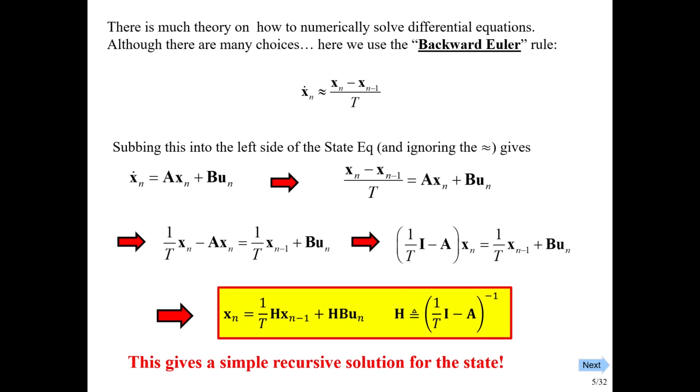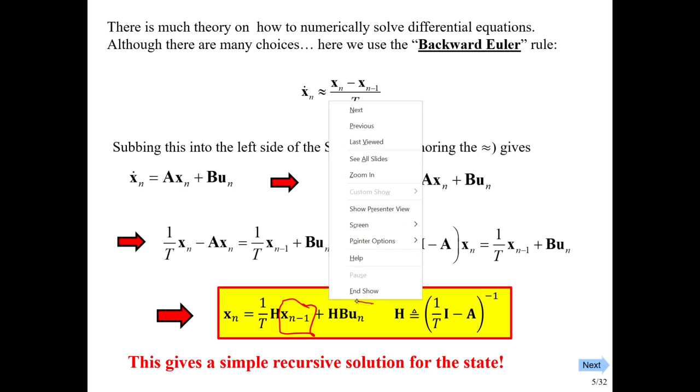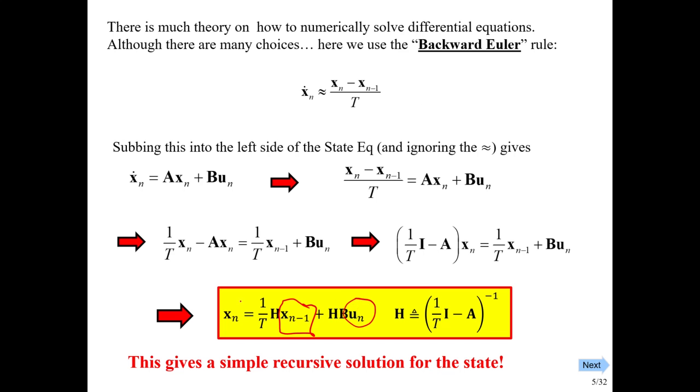So we'll define H to be the inverse of that matrix. And so now, bringing that over to the other side to isolate x on this side, we get this equation where H shows up here and here. And so now we have an equation that maps the previous state and the current input into the current state.